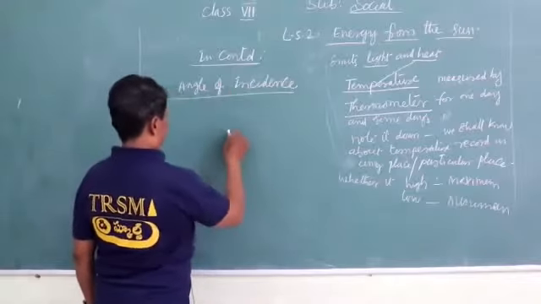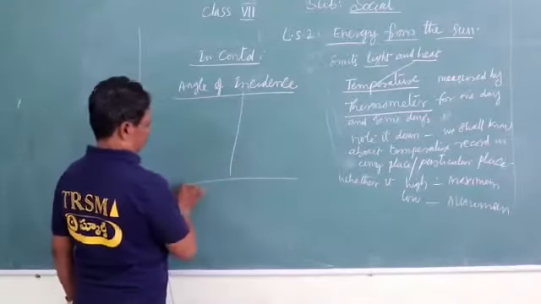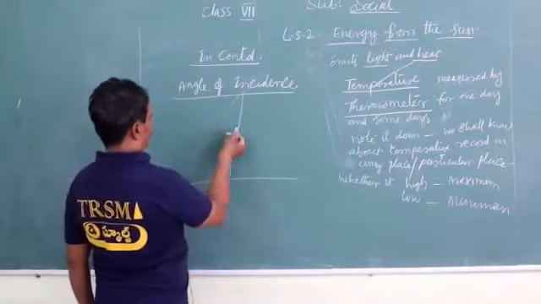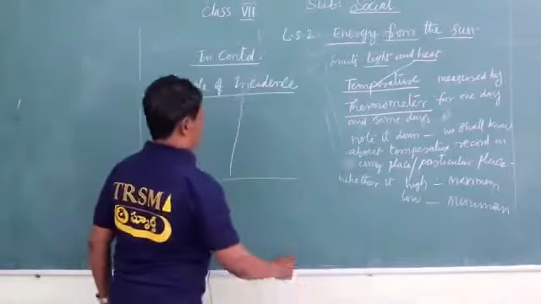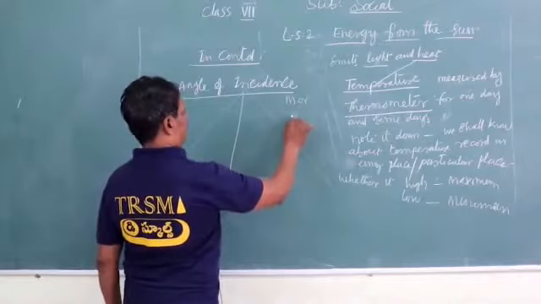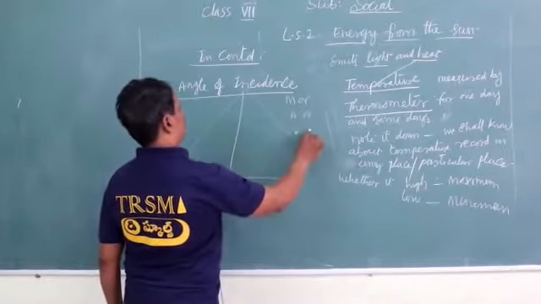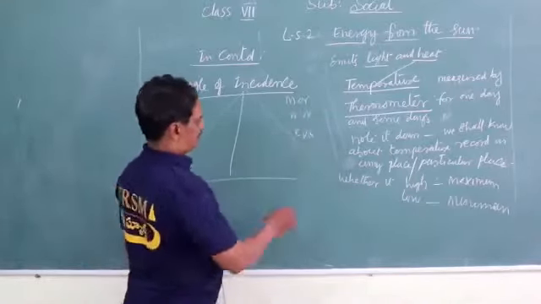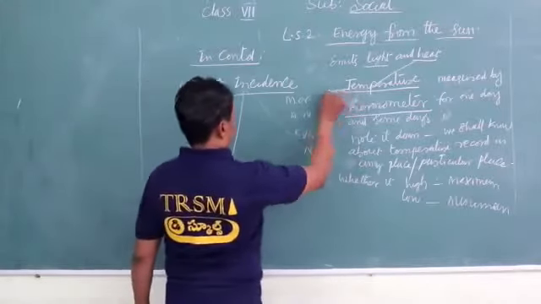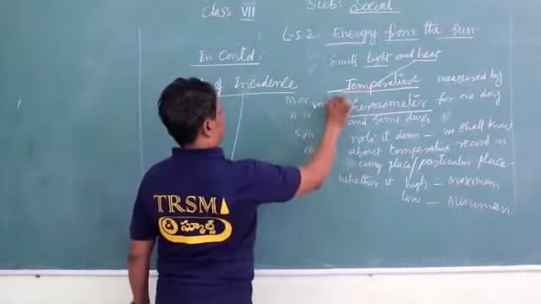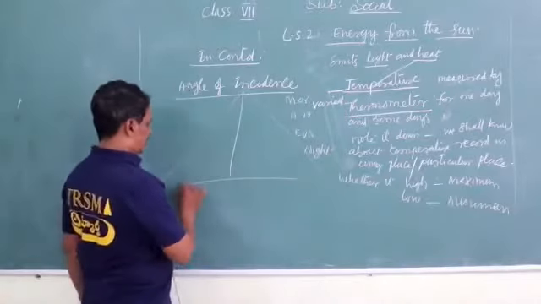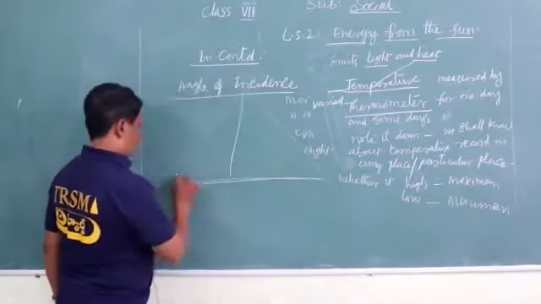Straight and slope. So there is a variation as well as time. Morning, afternoon, evening, night. Temperature is varied.